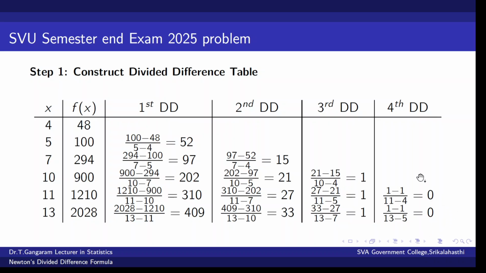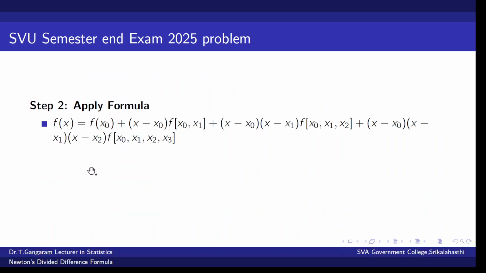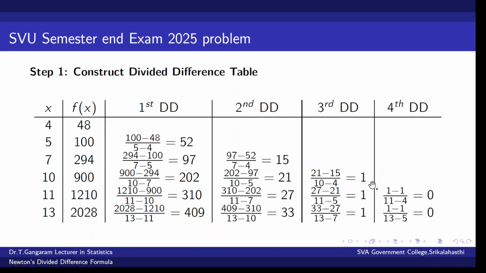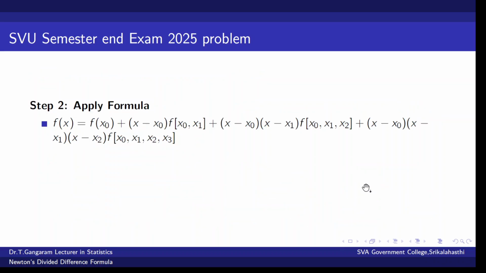These become 0. So we substitute the divided differences and x values, x minus x0, x minus x1 values. We apply the formula f of x is equal to f of x0 plus x minus x0 into f of x0, x1, and so on, up to the x3 values only. f of 8 is equal to 48, and the last value is this one value.